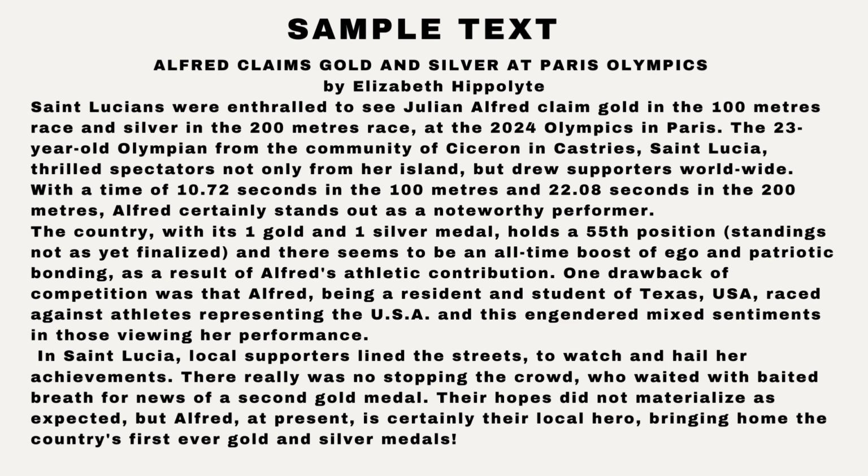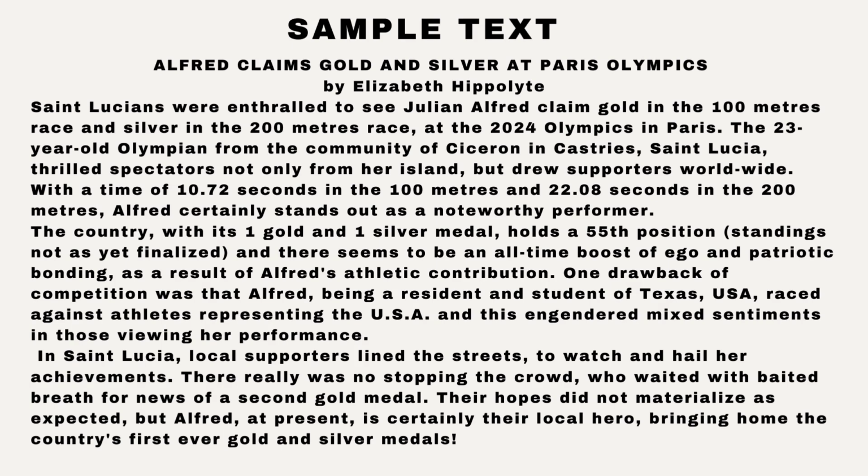So this is a sample text. Alfred claims gold and silver at Paris Olympics by Elizabeth Hippolyte. St. Lucians were enthralled to see Julian Alfred claim gold in the 100 meters race and silver in the 200 meters race at the 2024 Olympics in Paris.